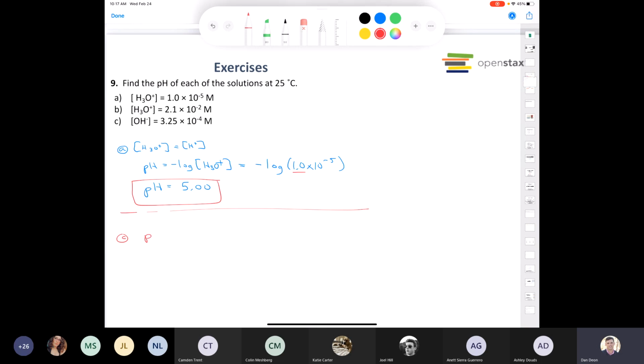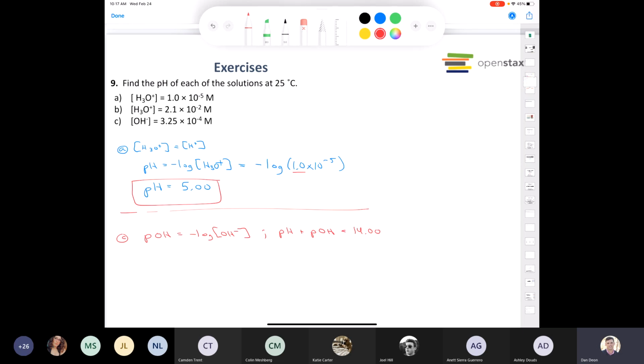You can either use this formula, pOH is equal to minus log of the concentration of hydroxide, and then you use this formula, that pH plus pOH is equal to 14.00, or 14 with an infinite number of zeros. That's one way to solve it.